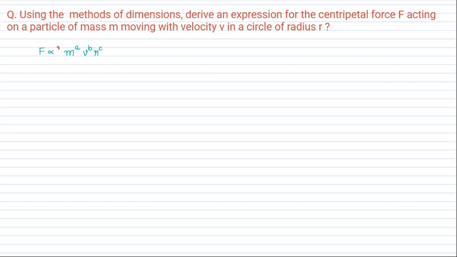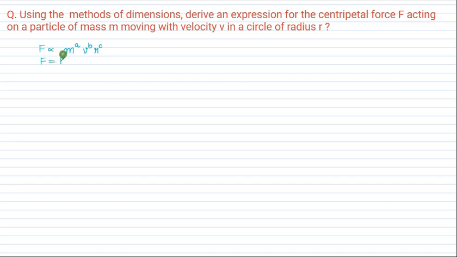Now if I have to remove this proportionality sign, I want to add an equal to sign. Instead of writing the proportionality sign, I have to write an equal to sign. What I have to do is introduce a constant.